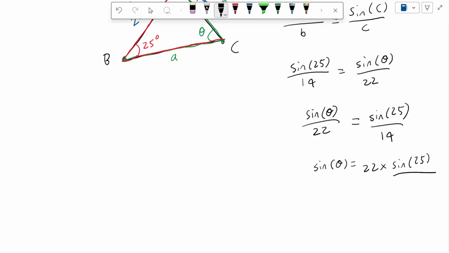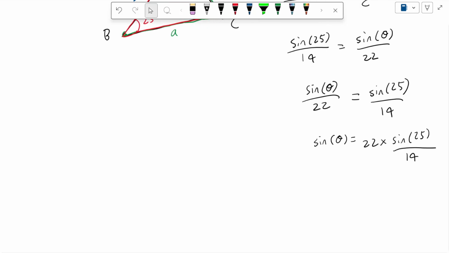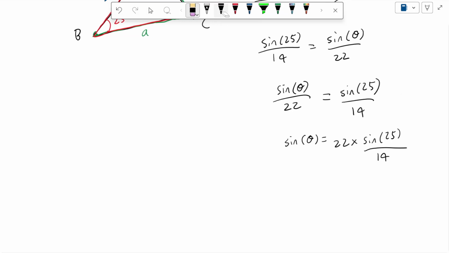I guess if I'm timesing by 22, it would look like that, not that it really matters. And then for theta, we have to inverse sine both sides. So it's going to be inverse sine of 22 times sine of 25, all over 14. So that's how we apply that formula there.